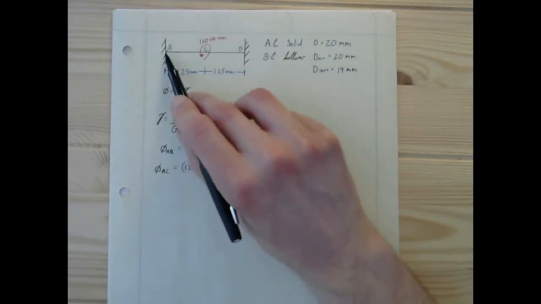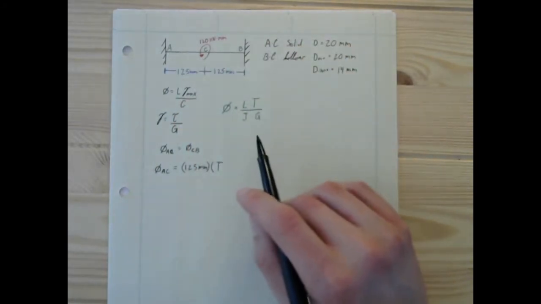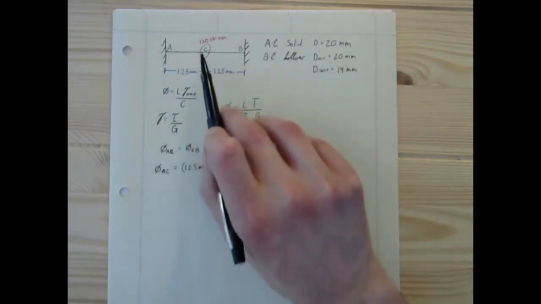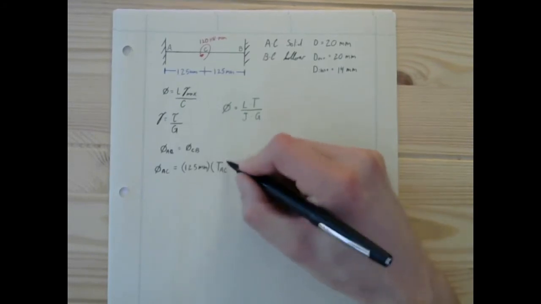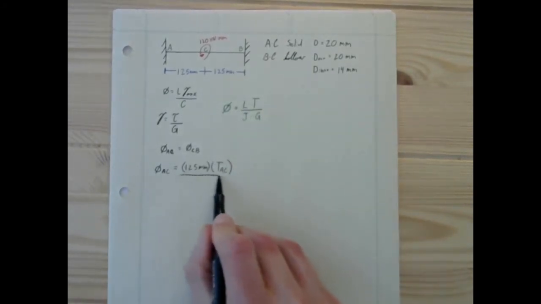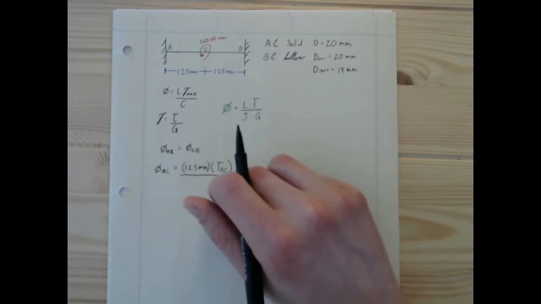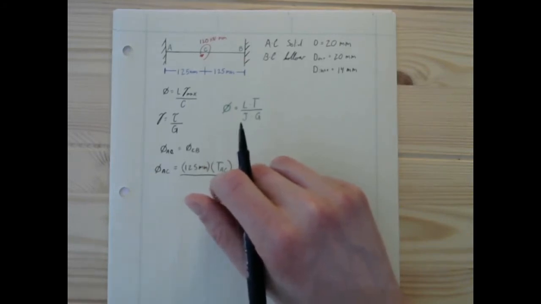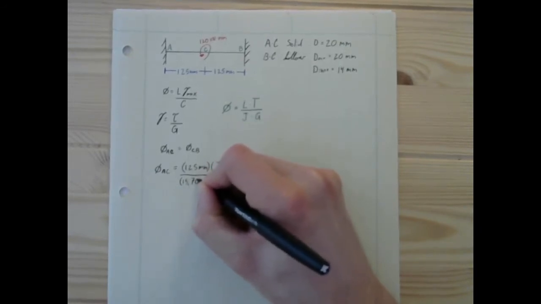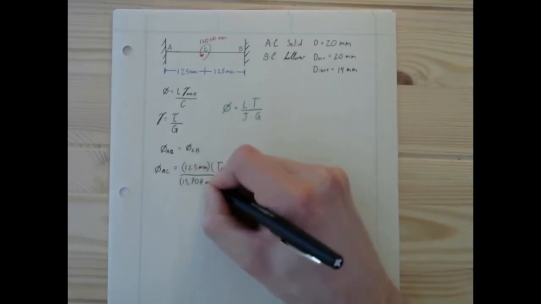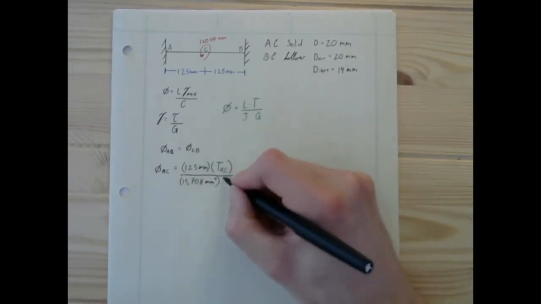Of course, if we apply the torque at A and there's nothing going on between A and C, then it's going to have a constant torque in the section from A to C. Then at C it's going to change, but let's just write that as that, and divide by the polar moment of inertia, which we said for the section from A to C was 15,708 millimeters to the fourth. And then G.